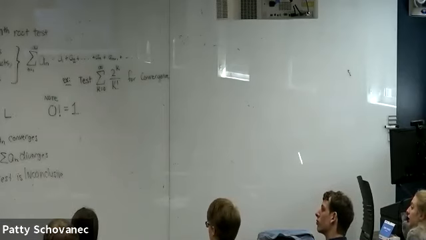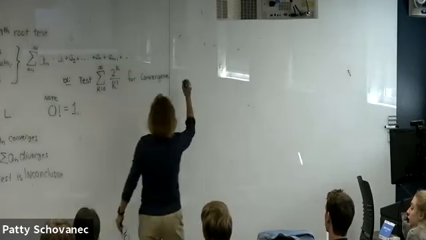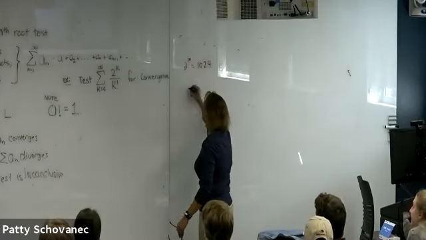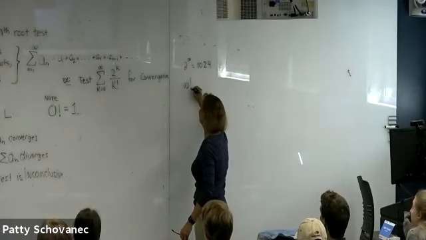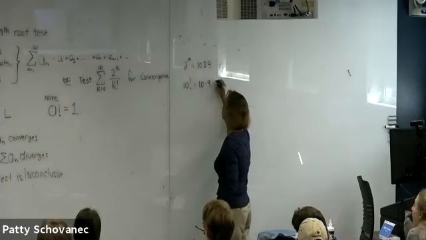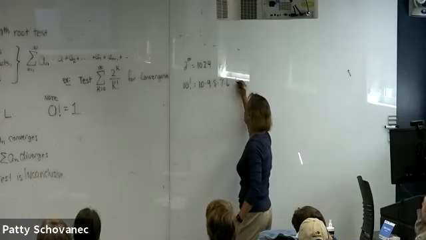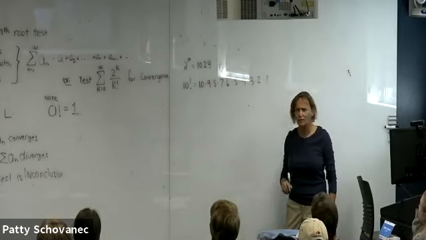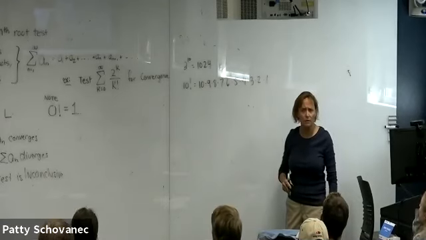Compare 2 to the 10th with 10 factorial. 2 to the 10th is 1024. 10 factorial is much bigger than 1024, right?